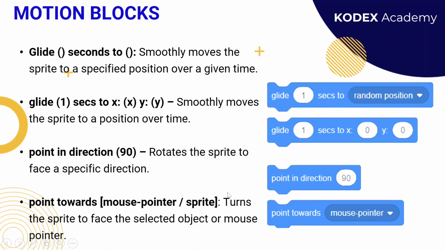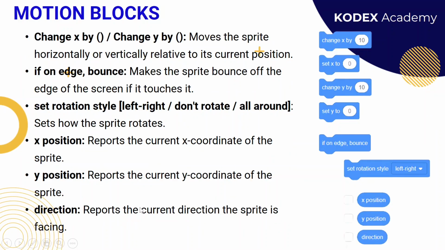Now we discuss the other motion blocks. So here we are. Here there are some more motion blocks which help to create very fine and attractive animation for us. You will see change X by and change Y by. What is the sense of this? You can change the value of X and Y position related to the current position of the sprite.